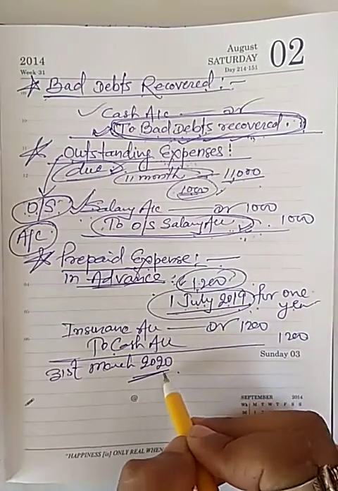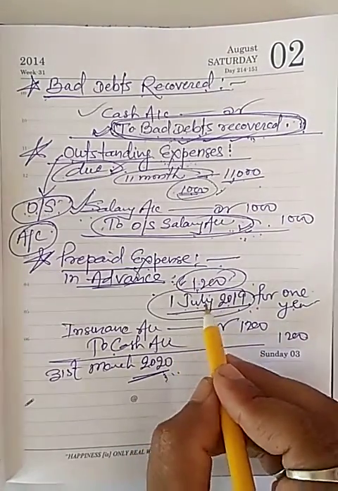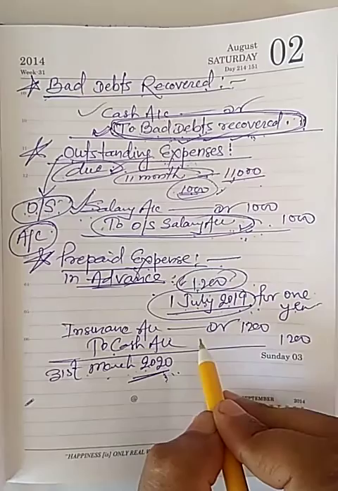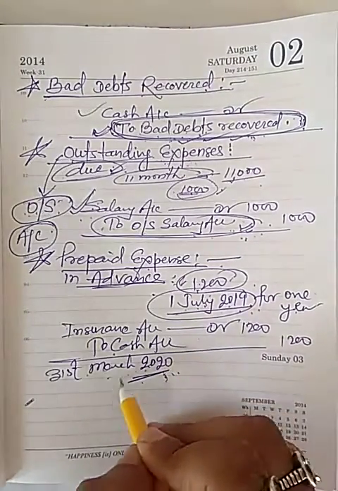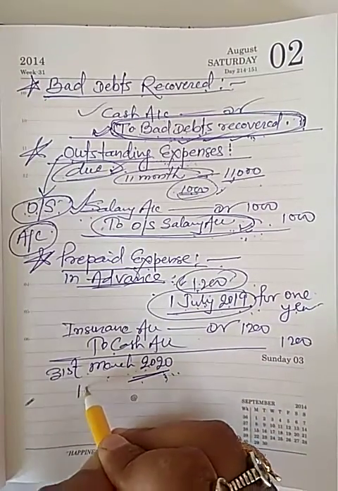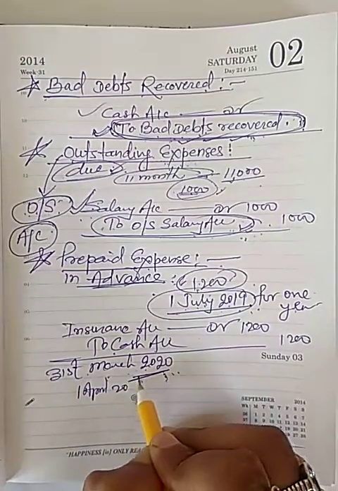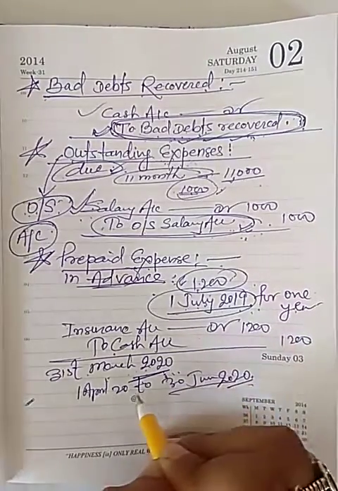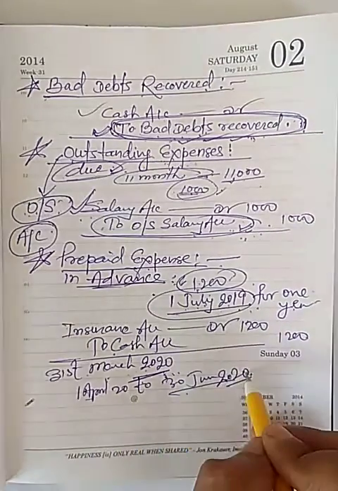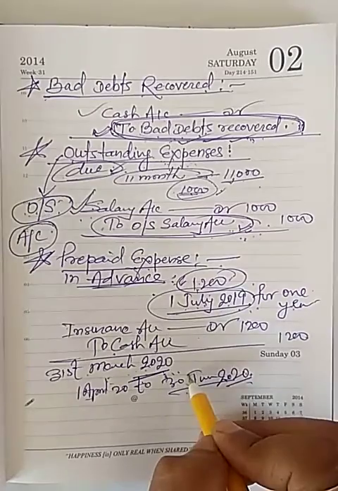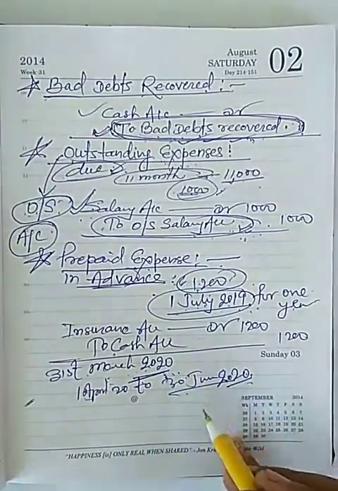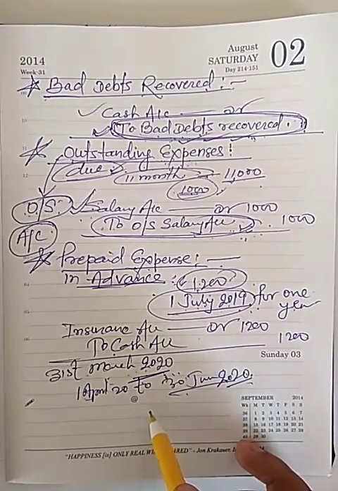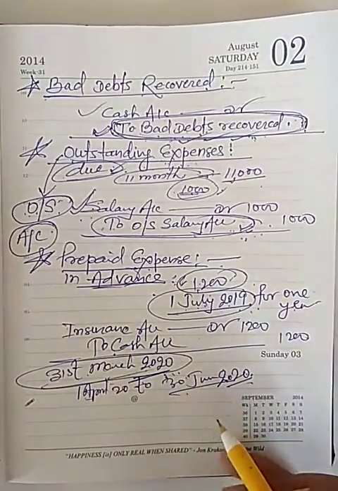insurance premium for 9 months, July to 31st March, has been used, and insurance for 3 months, that is from 1st April 2020 to 30th June 2020, will be treated as prepaid insurance, and the following entry will be passed for it on 31st March 2020.